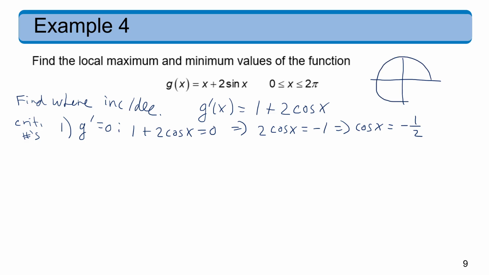Remember, cosine is the x-coordinate of your point on the unit circle. So on our x-axis, -1/2 would be here. And if you move vertically, there are 2 points on the unit circle that have x-coordinate -1/2. It doesn't matter what the y-coordinate is.